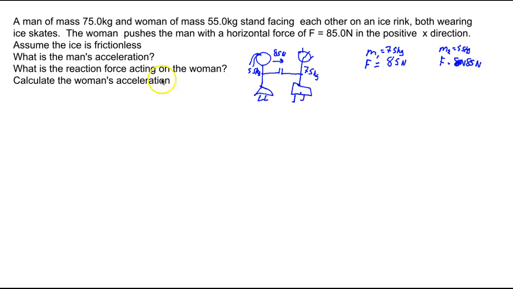And she, in answer to question 2, what is her reaction force? So here, she is experiencing, let's write it in red so we can distinguish it, her reaction force, I'm going to put 2R, is actually going to be a negative 85 newtons. Because she's applying it, she's going to feel that. So there's question number 2's answer.